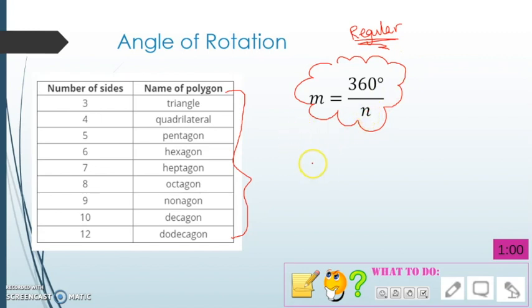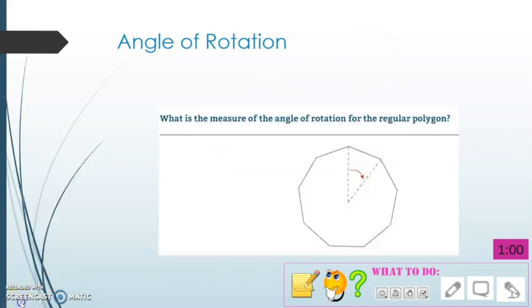We know that 360 degrees is a full circle, so n is going to represent the number of sides, and that'll tell you how many degrees it needs to turn. 360 divided by the number of sides will land a regular polygon back on top of itself.